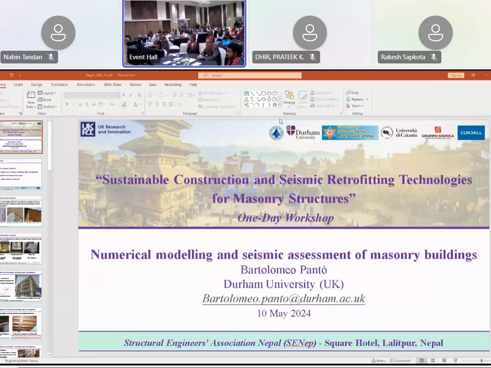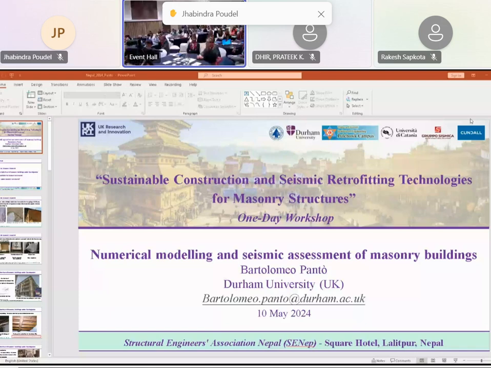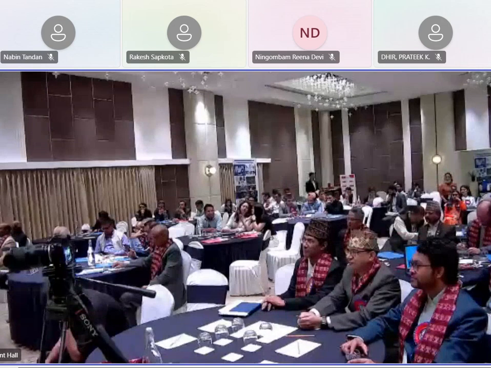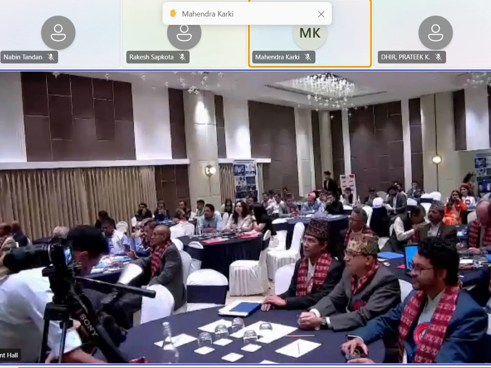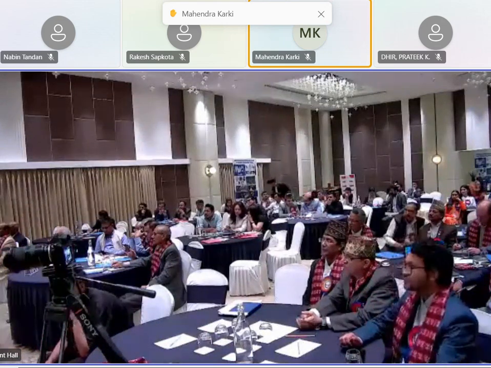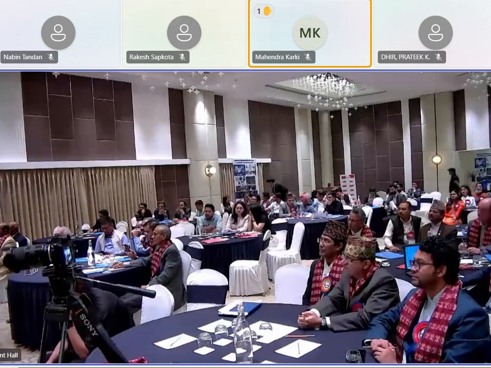Starting from the left part of the slide, we have a compression test by which we can get the compressive strength of masonry, so the ultimate force the masonry can sustain in compression, and the Young modulus, how deformable it is. In the central part, we have a bending test.